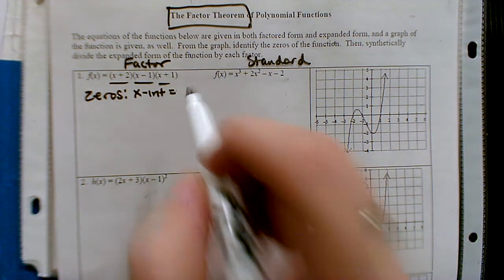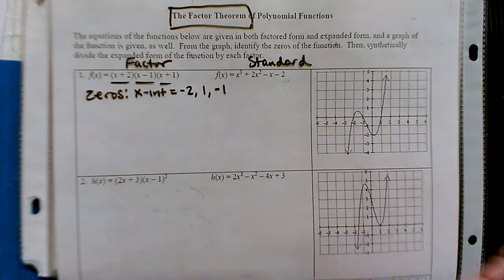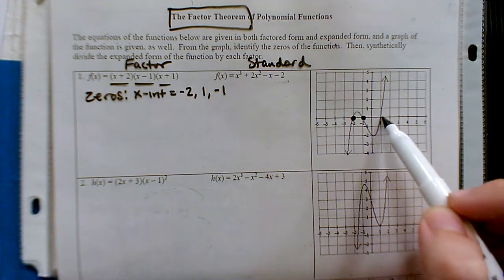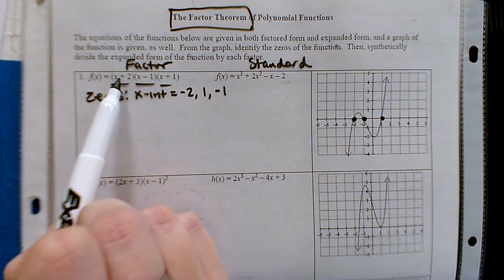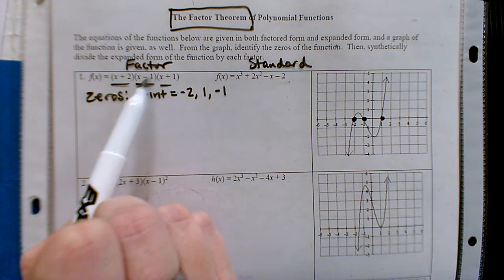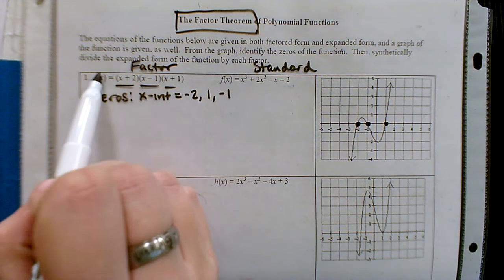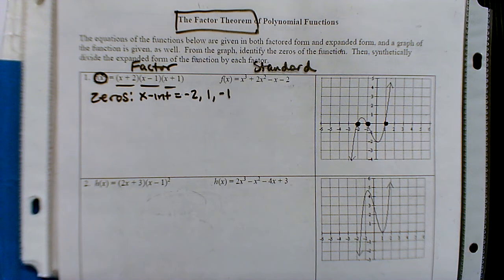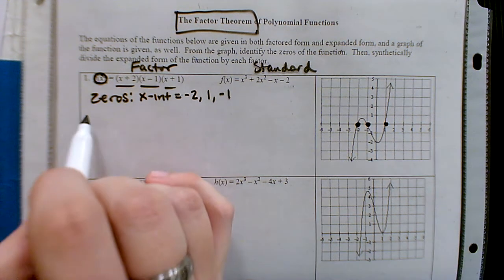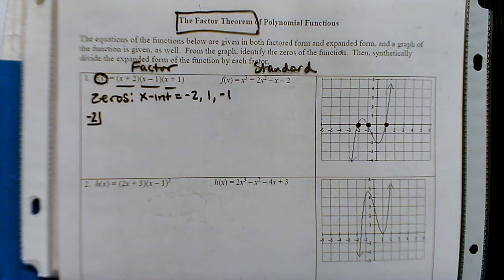Yeah. -2, 1, and -1. So -2, -1, and 1 based off the graph. If you look at the factors, we would have -2, 1, and -1. Remember, the zeros come from the factored form if you set it equal to 0.